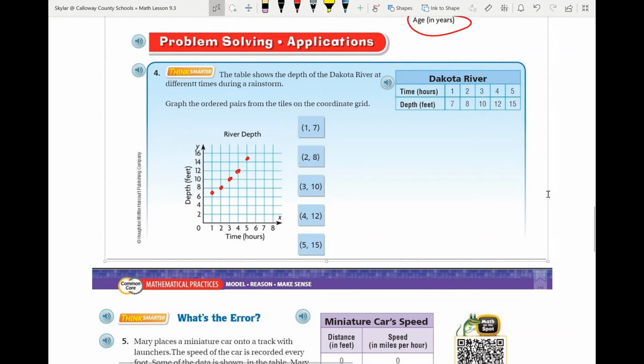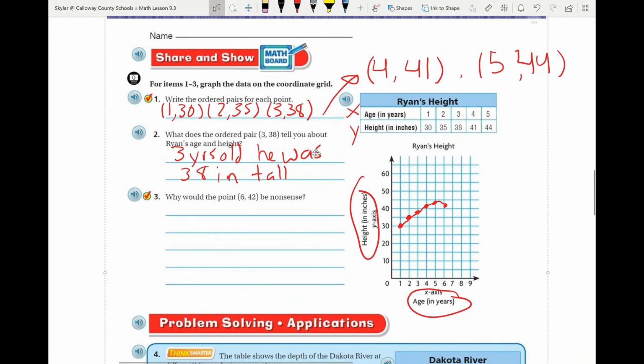Now, as you can see, we had some points such as 15 and 7 that did not appear on our y-axis. But we know that 7 is in between 6 and 8, and we know that 15 is in between 14 and 16. So we know exactly where to put that. Same thing up here.